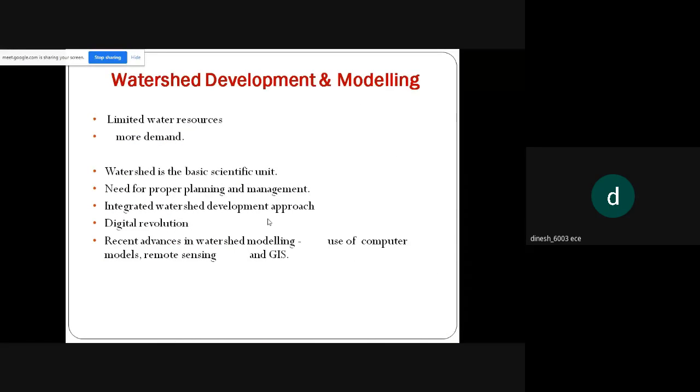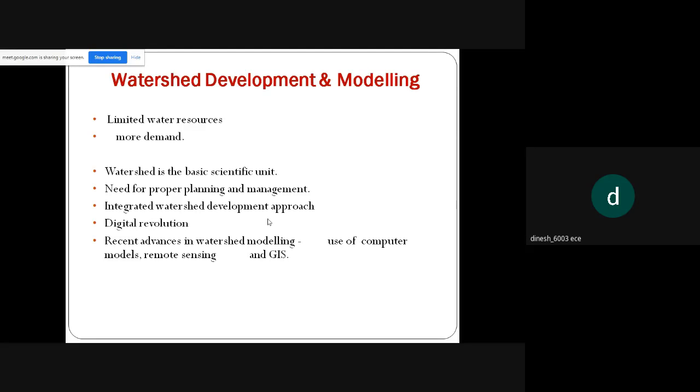So depending on all these modelings, the watershed development and modeling was being given. Since water is a limited resource, watershed is the basic scientific unit for water shedding.